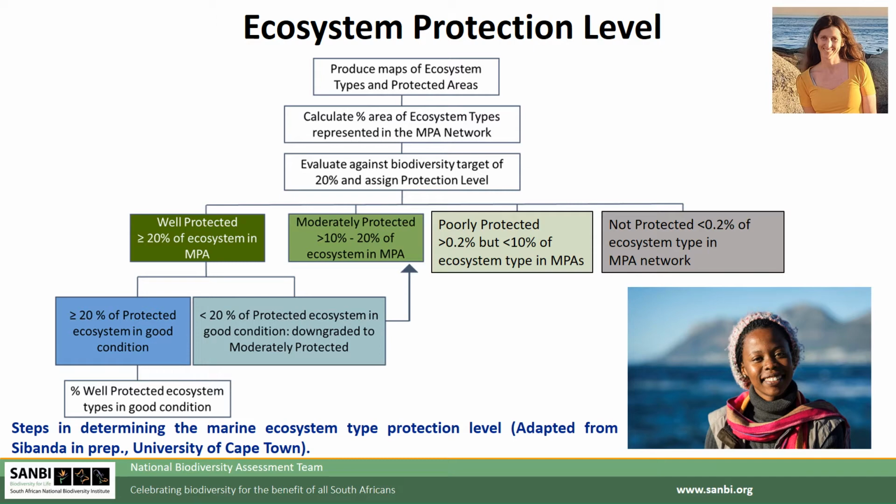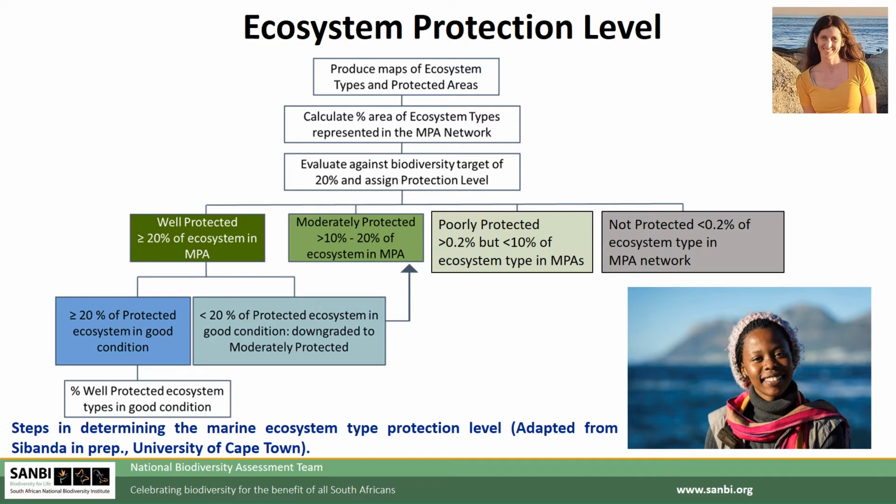Then, if between 10 but less than 20% of an ecosystem type falls within the marine protected area network, that's considered moderately protected. And well-protected ecosystem types are those where more than 20% of an ecosystem type is protected within the marine protected area network, and all of that is in good ecosystem condition.